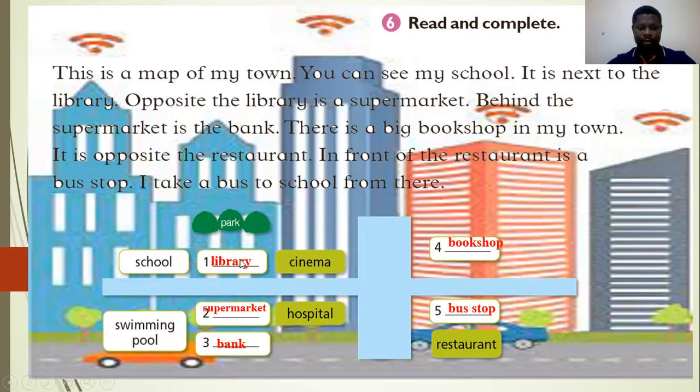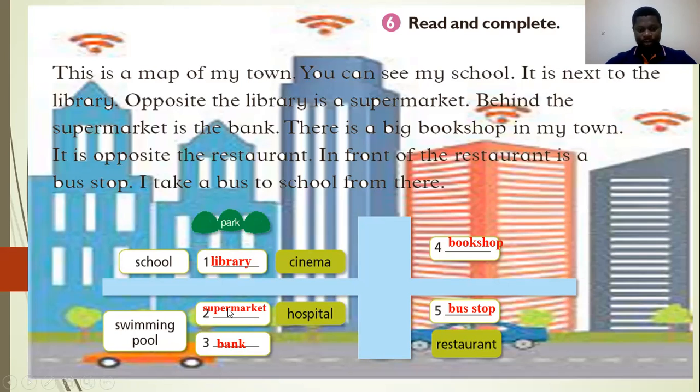So we have library. This is a map of my town. You can see my school. It is next to the library. Opposite the library is a supermarket. This is the library, this is the supermarket. Behind the supermarket is the bank.